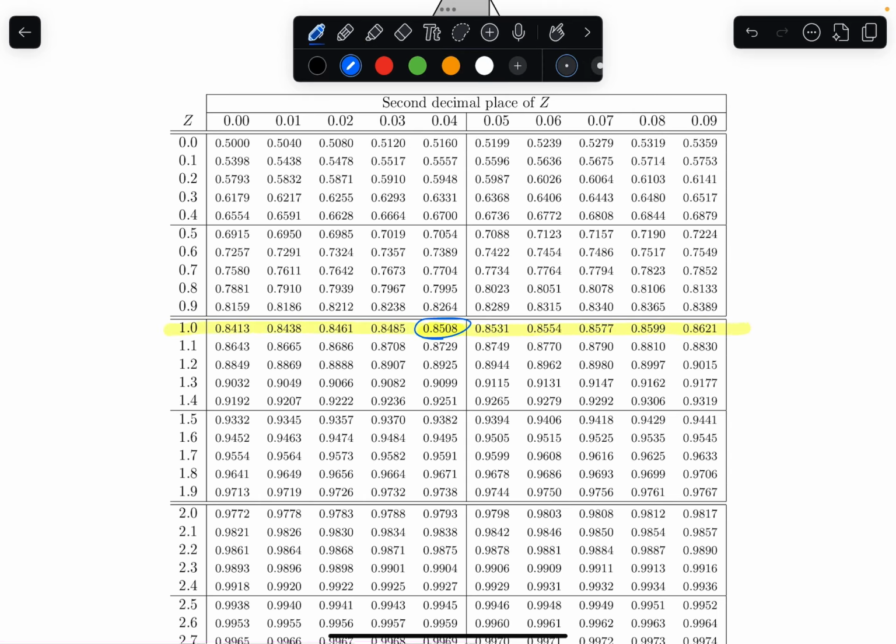So our z-score starts off as 1.0, and then the second decimal lives in this column, which would be 0.4. So 1.04, and actually I already wrote it out because I knew the answer. So z equals positive 1.04 would be the z-score corresponding here.